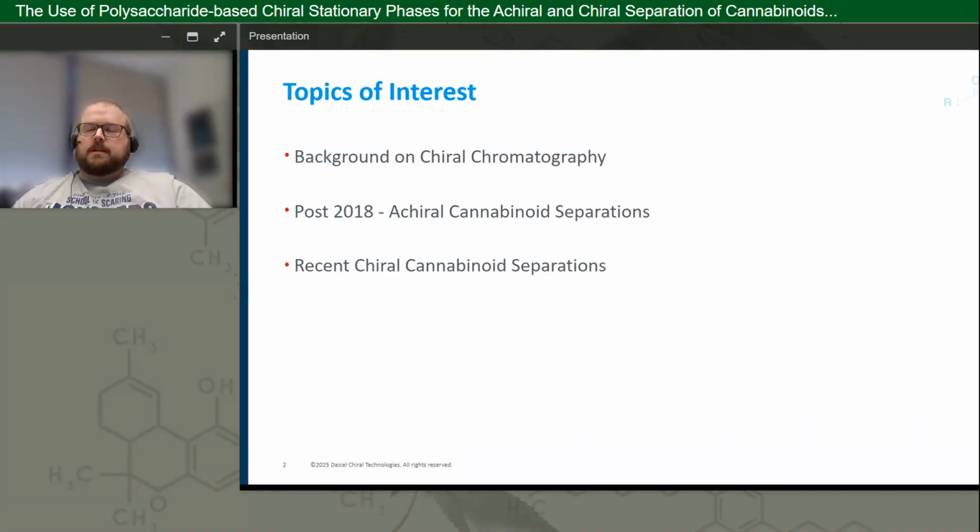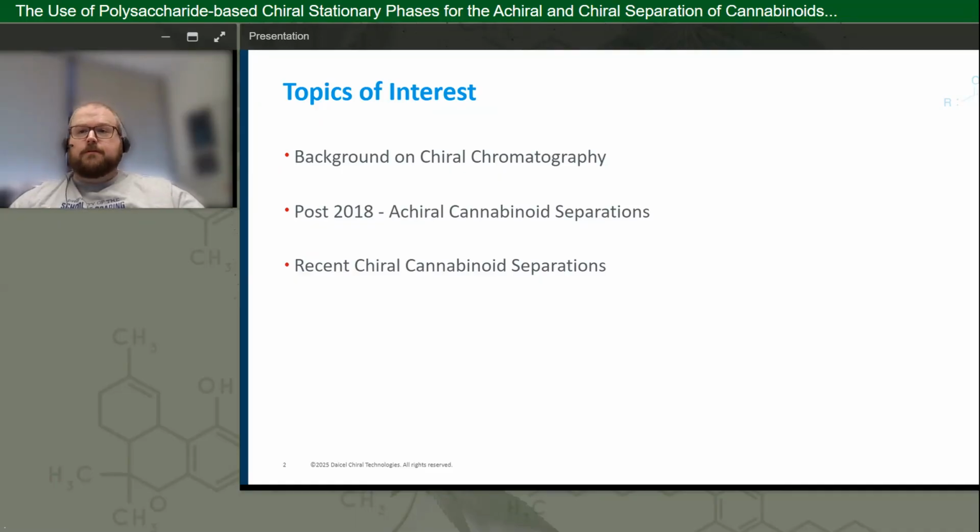So just covering the topics of interest today, I think the area that most of us are probably not very familiar with is going to be the chiral chromatography piece. And so I'm going to spend a little bit of time to go over the background of chiral chromatography, where it's historically been used, and why it has some really powerful applications in the cannabis field.